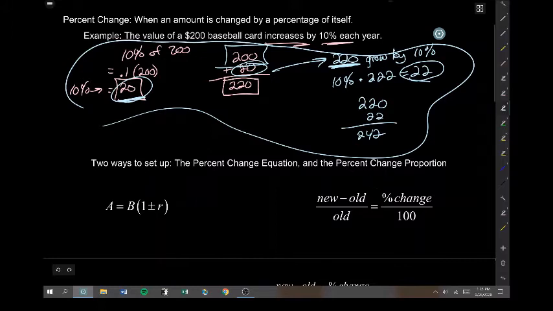Just like last time, A stands for the amount. You can think of that as the part or the thing that comes out of the percentage. B stands for your base. That's your whole, where things are coming from, what the percentage comes from. R is actually the percent as a decimal.